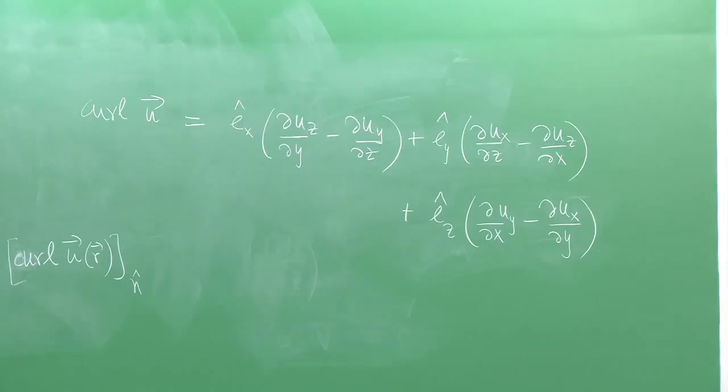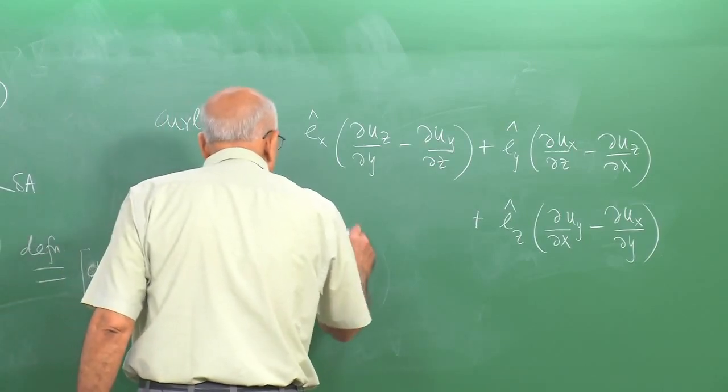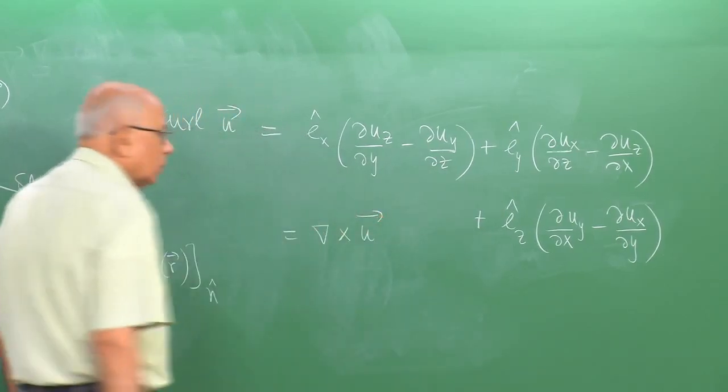So, that is the formula for the curl, and it is clear that this quantity can also symbolically be written exactly the same as del cross u.